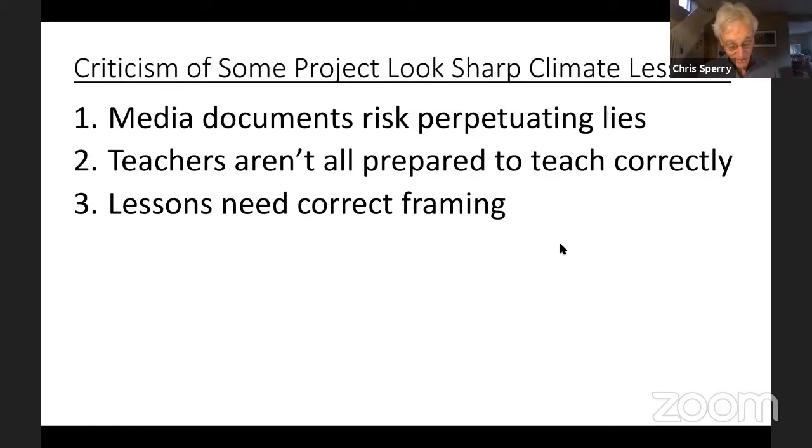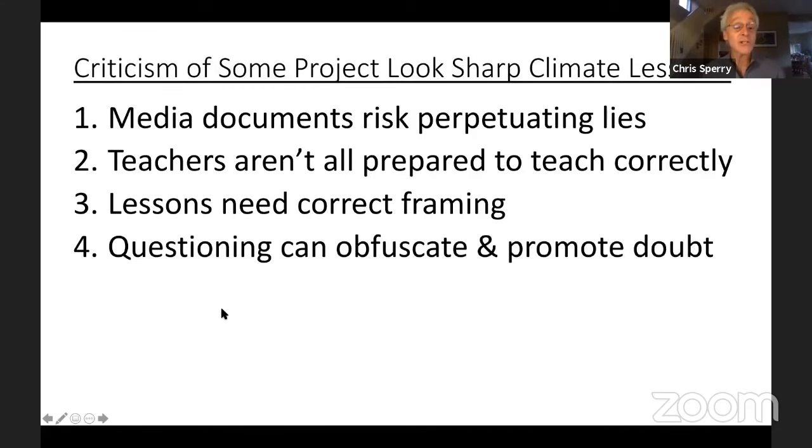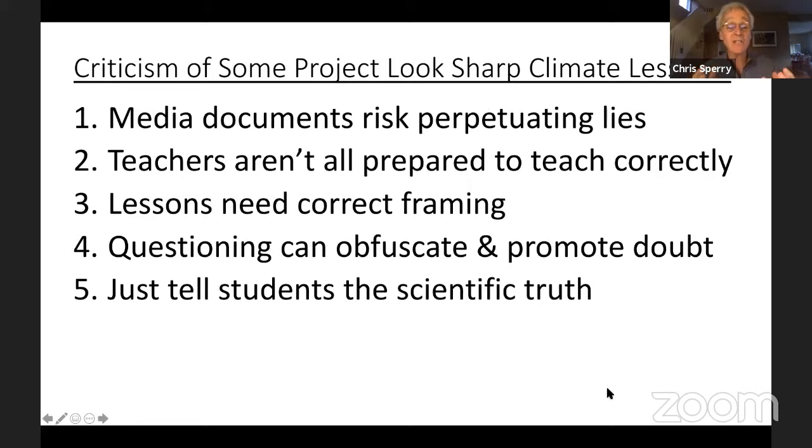Fourth, that questions are often used by those in positions of power and authority in industry and in politics to obfuscate, to promote a sense of doubt when the science is clear. Number 5, the science is clear.